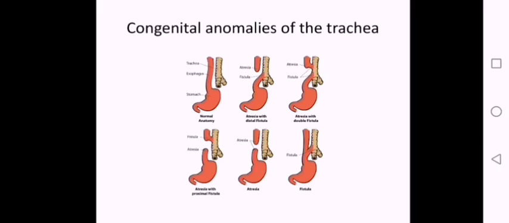Another form of the tracheoesophageal fistula is a fistula to the upper part of the esophagus, where the continuity is also absent between the upper part and the lower part. And the last one is the presence of esophageal continuity.